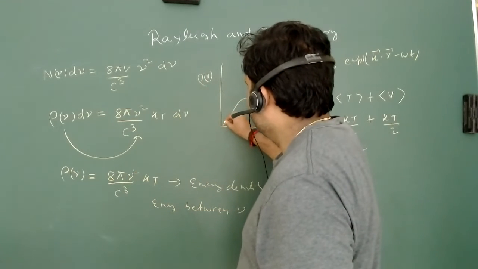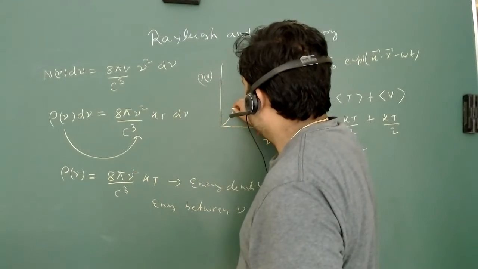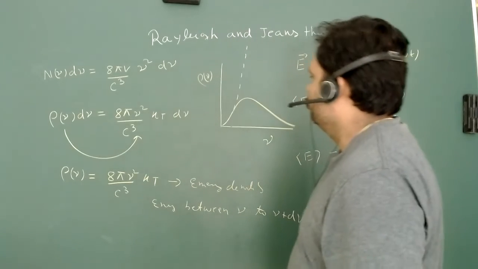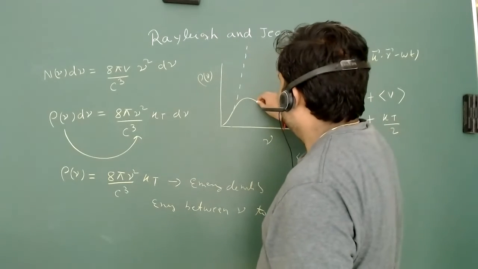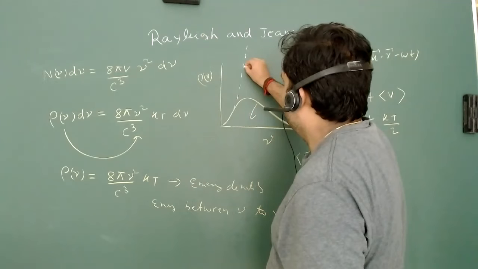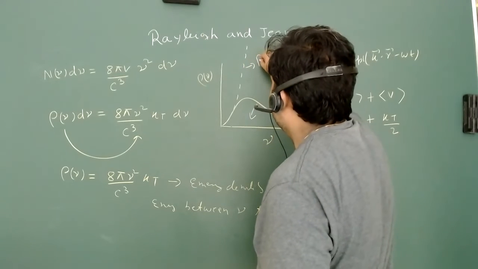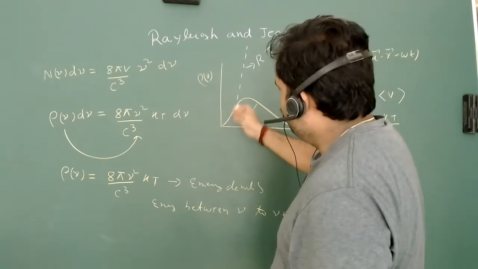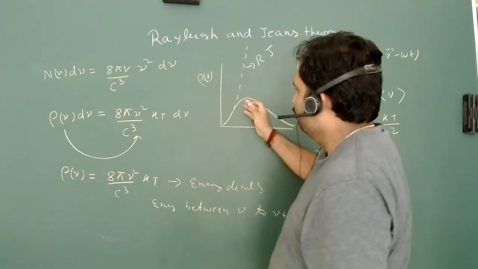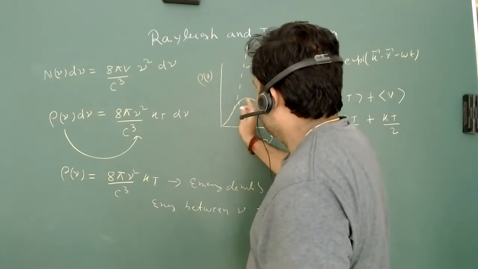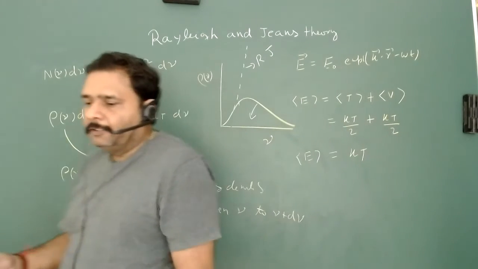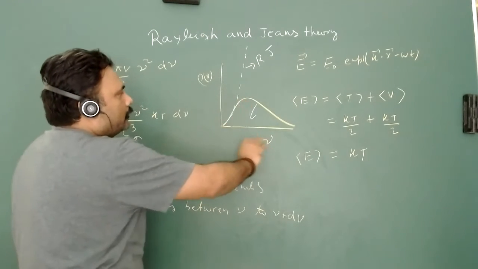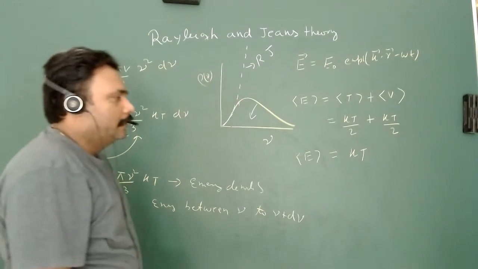Initially it will match, but after that it deviates. This is the actual radiation law, and this is given by Rayleigh Jeans. At smaller values of frequency, up to this value, it matches the actual curve, but at greater values of frequency, it deviates very much.